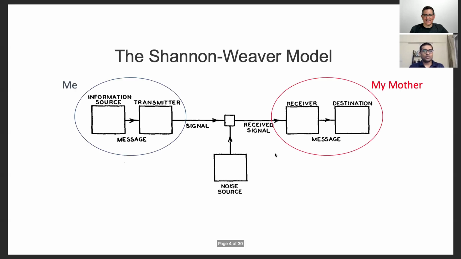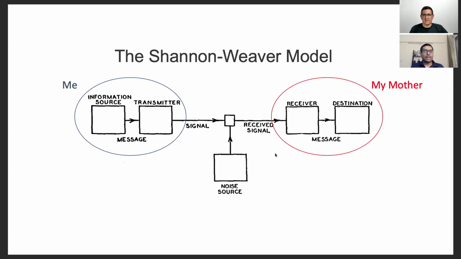What the Shannon Weaver model does is paint a very good picture of how communication happens. There's usually an information source, and a destination where the message has to go, with a transmitter in between, and sometimes a noise source. Say for example, I'm speaking to my mother.